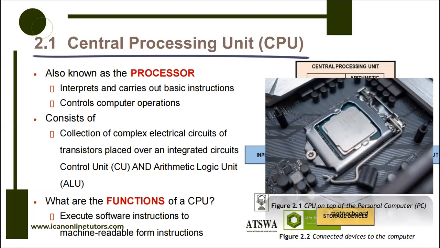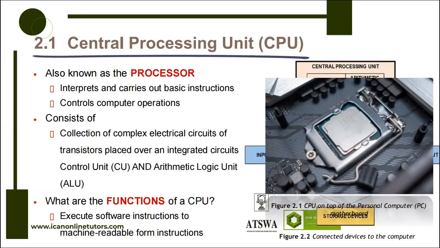So the first thing we'll be looking at is what it does. What does the processor do? It interprets and carries out basic instructions. So when we say instructions, what do we mean?